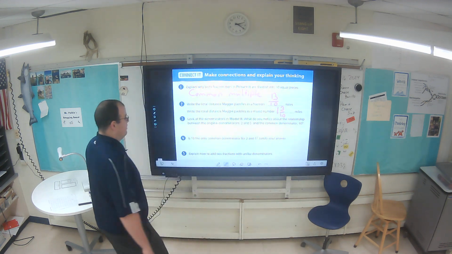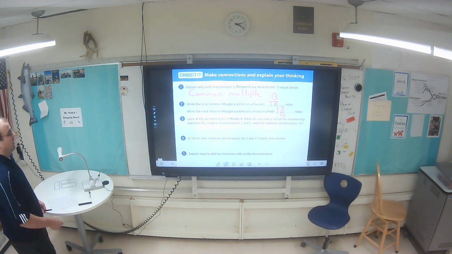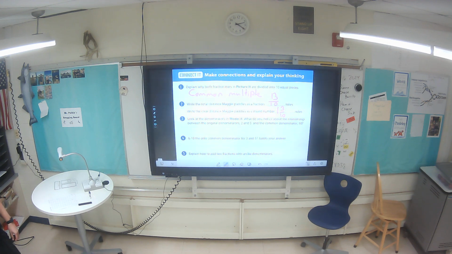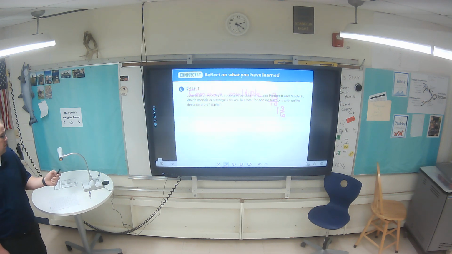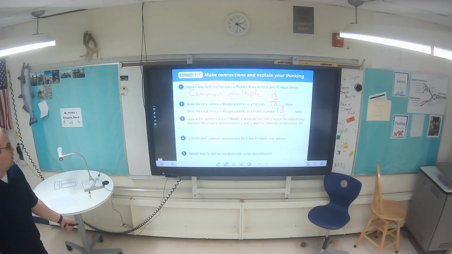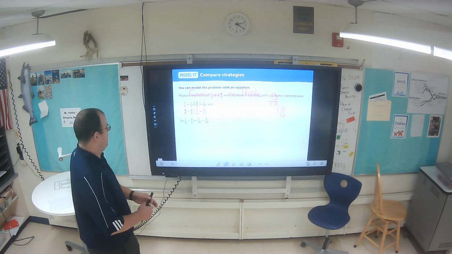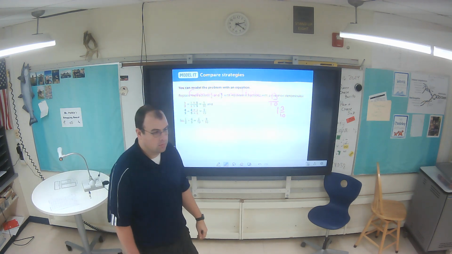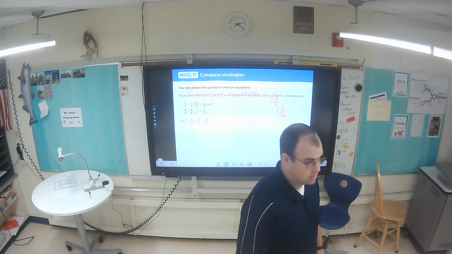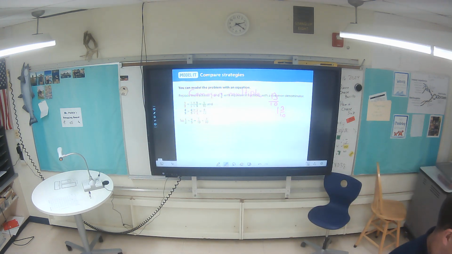Look at the denominators in the model. What do you notice about the relationship between the original denominators 2 and 5 and the common denominator 10? What is the relationship between 2, 5, and 10? Kind of.